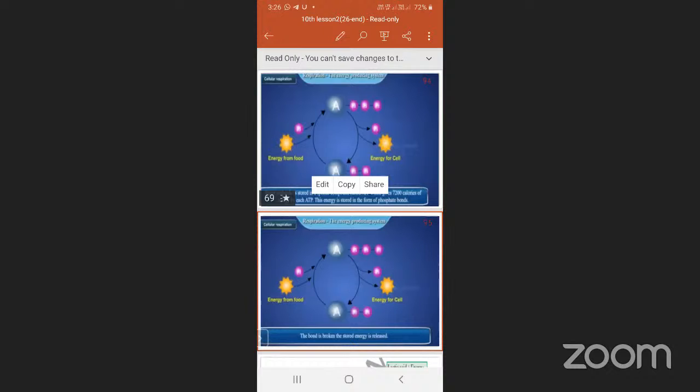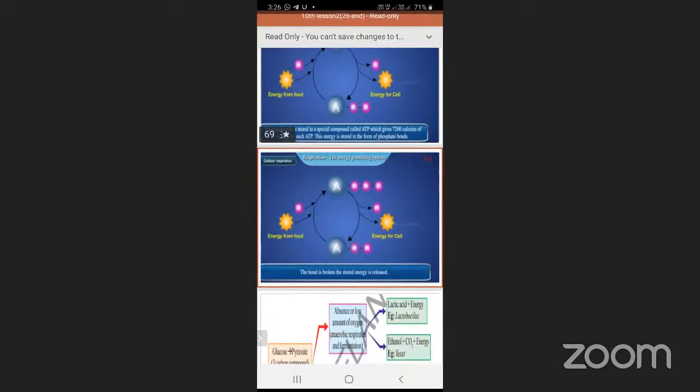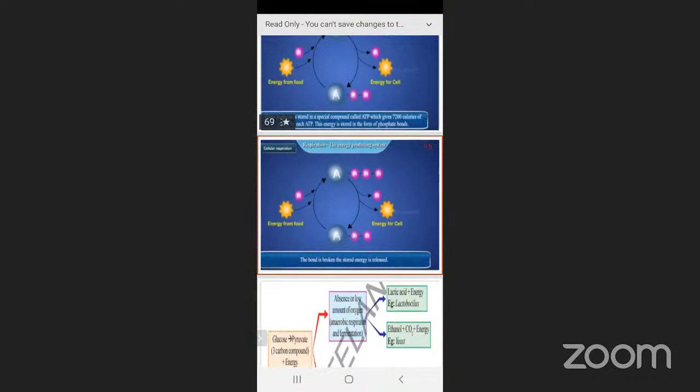How is the bond broken? When oxygen reaches that particular place, then the bond is broken down. After breaking down the phosphate bonds, the energy can be released. So an oxidation process will happen, children. Addition of oxygen is oxidation.